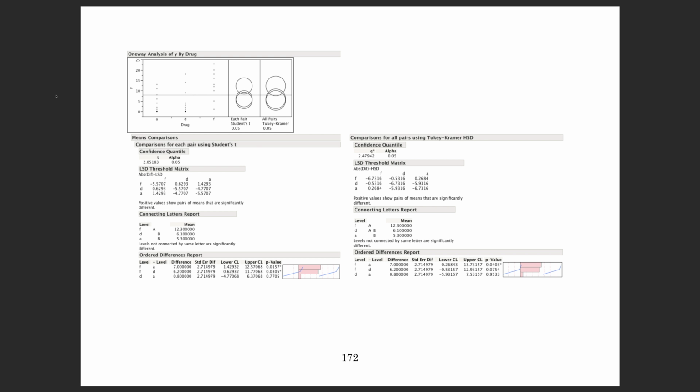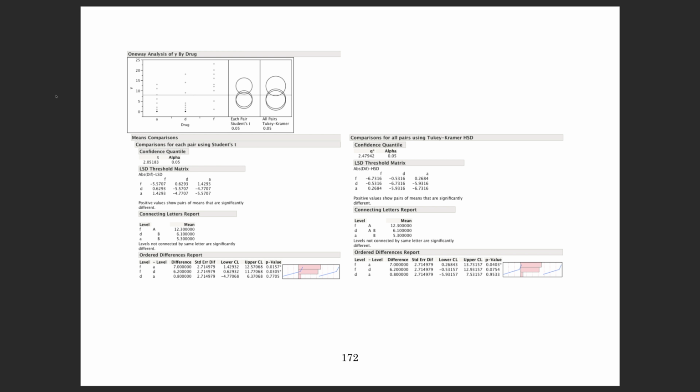And this issue of connecting letters tells us whether groups are significantly different. Levels not connected by the same letter are significantly different. So this is telling us that if we just do the t-test on the left-hand side, then drug D and drug A are both different from the placebo, but they're not significantly different from each other.